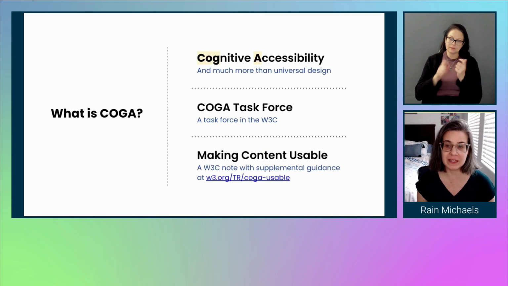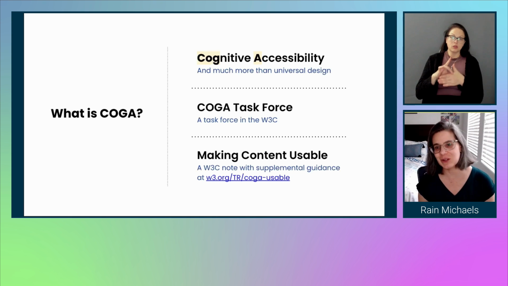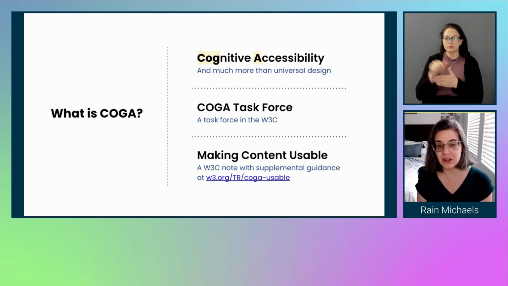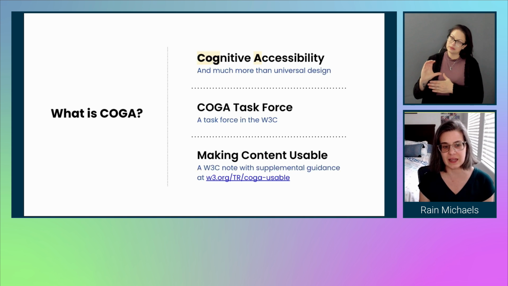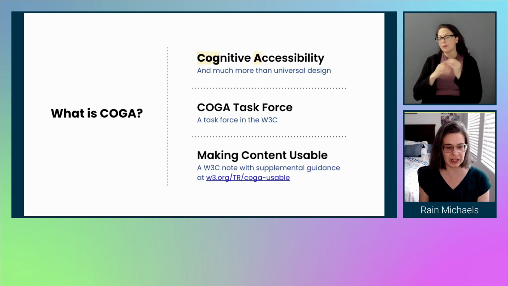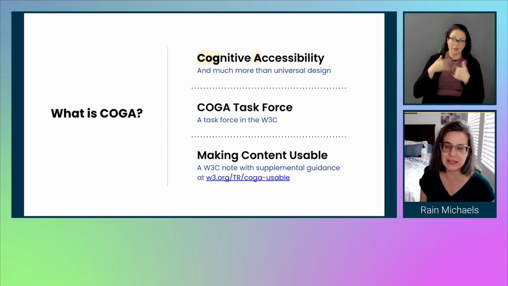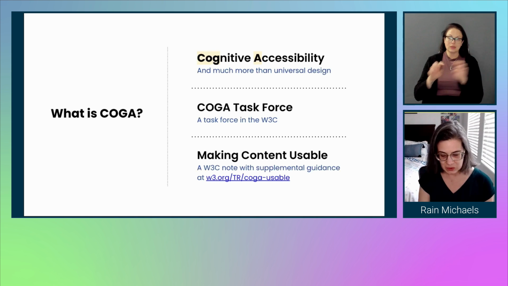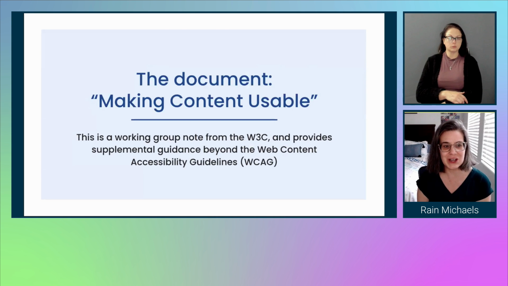And the first step in that is this document that we're about to go into, making content usable for people with cognitive and learning disabilities. So this is a W3C note with supplemental guidance, and I will have links to it throughout the deck, and there are links in the deck that you can download. So with that, I will move on and start talking about the document itself, making content usable.